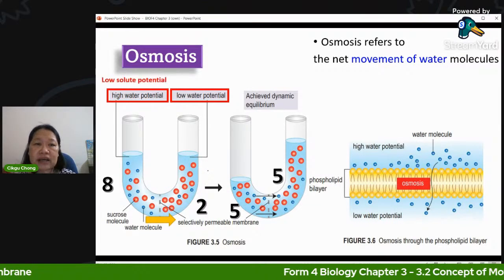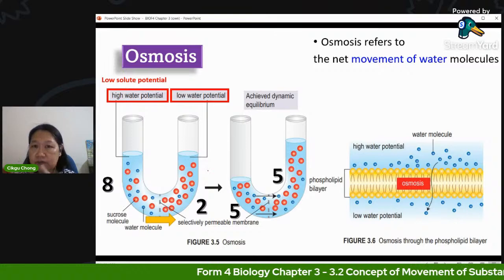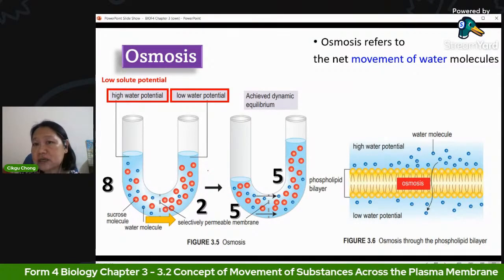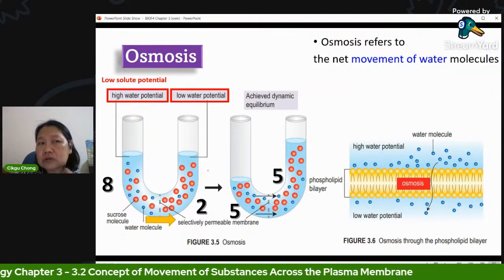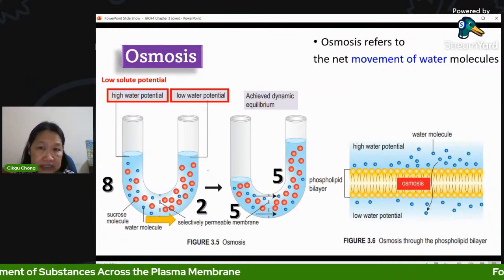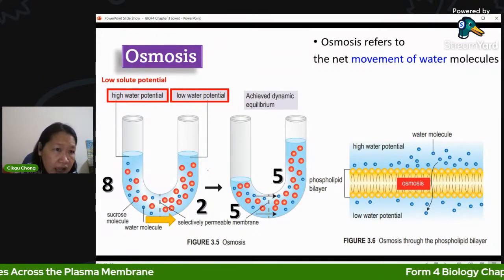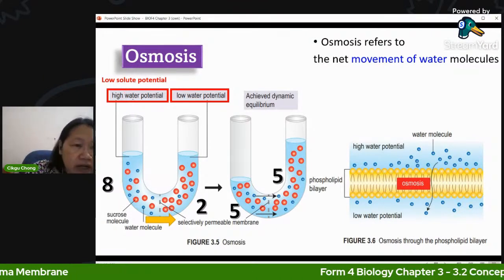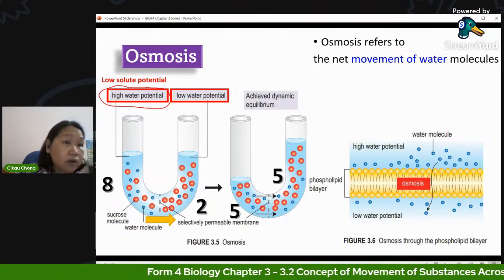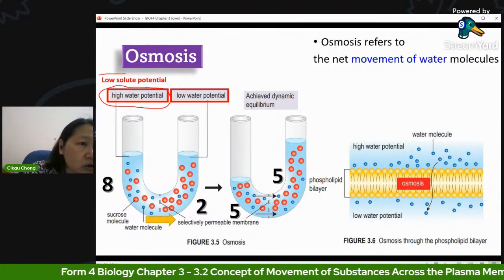Now there is another definition of osmosis which you can also use. Instead of talking about water, I can also talk about the solute, that means the substances that are dissolved inside. Just now I mentioned that this solution on the left is high water potential, but you see it's low solute.